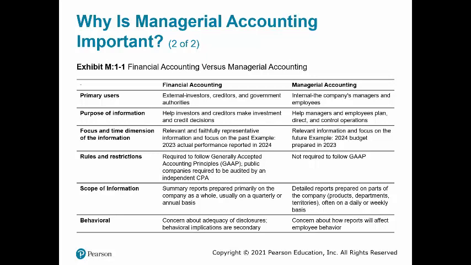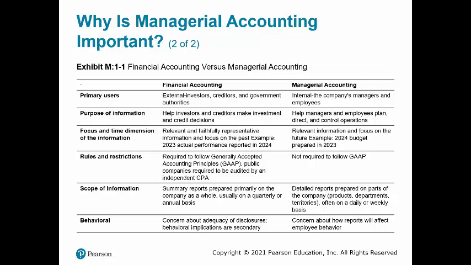The rules for preparing the financial statements are governed by generally accepted accounting principles in the United States. These principles have to be adhered to by public companies, and their financial statements have to be audited by an independent CPA. And the reason for this is, first of all, financial accounting information is going to be used to compare different companies.